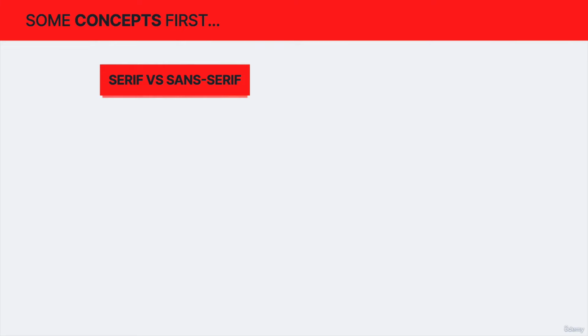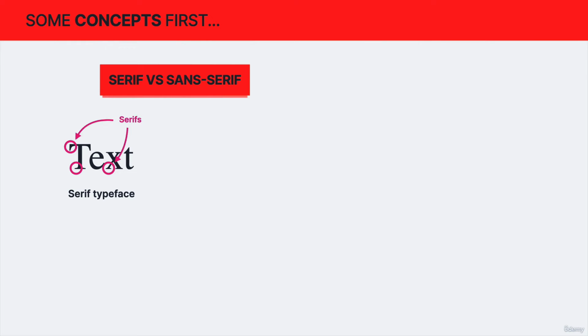Next, we need to talk about serif and sans serif typefaces. And I already used these terms a little bit before, so serif and sans serif, but now it's time to finally learn what they actually mean. So a serif typeface looks like this. So it has these small details like these tails at the end of the lines, which we call serifs.